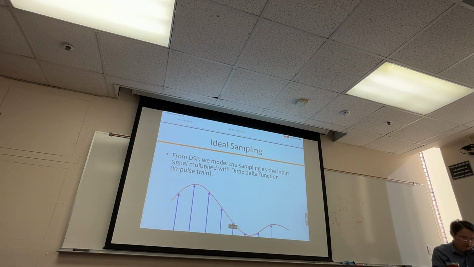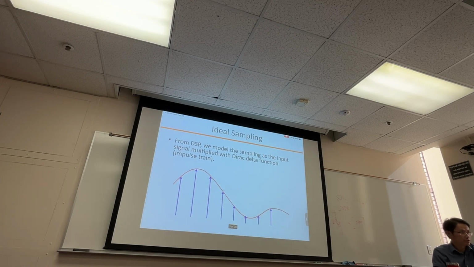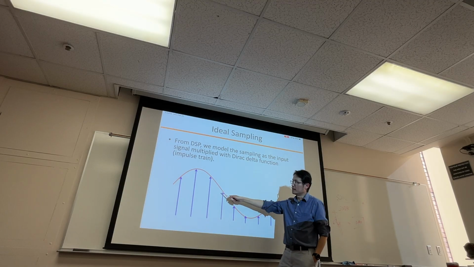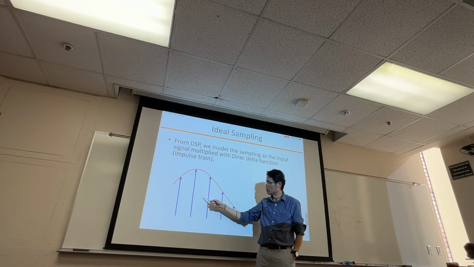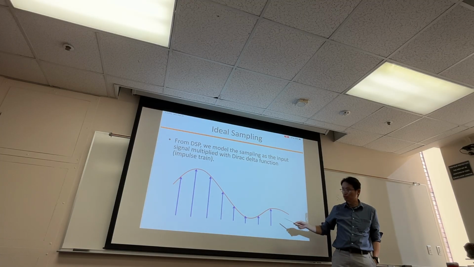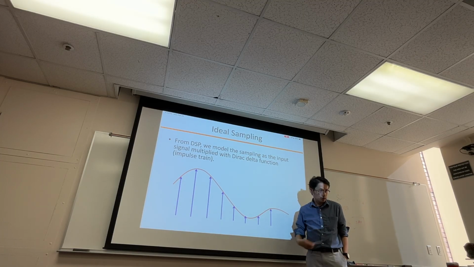Okay, so by the name, you know what we are trying to do. We are trying to do the sampling. From the signal processing lectures, how do we do the sampling? Remember, we need to convert from continuous time to discrete time. Remember, what we do is we multiply by what is this function called? These blue arrows are delta functions, right?